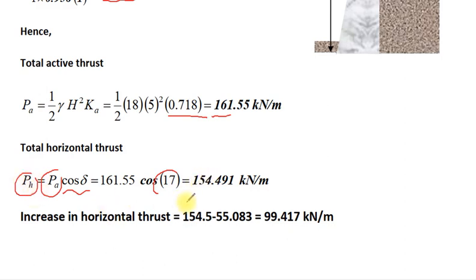The horizontal stress increases by the following value: 154 minus the horizontal stress obtained from the first case, when the backfill surface is horizontal, 55. The increase in the horizontal thrust will be 99 kilonewton per meter.